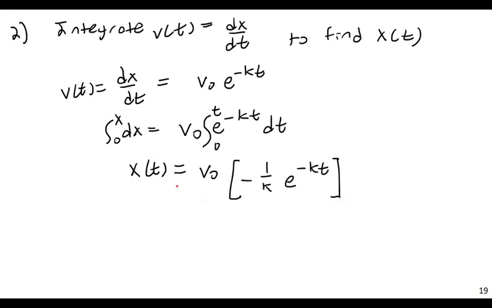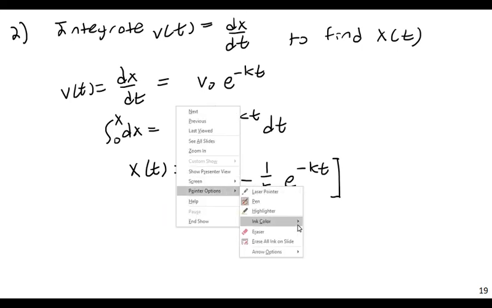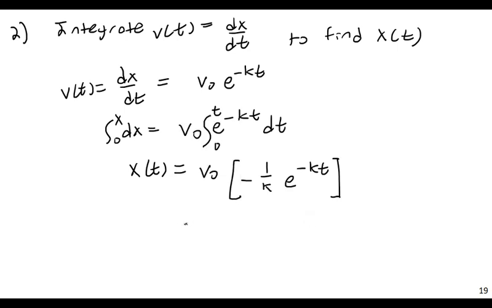Alternately, another way I could express this, if I didn't want to use this, is I could say that x of t is equal to v naught over k times 1 minus e to the negative kt.